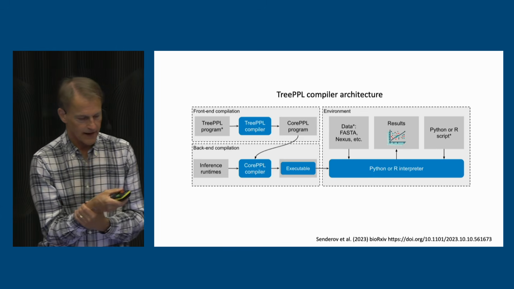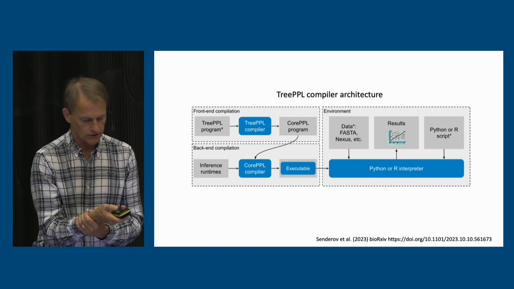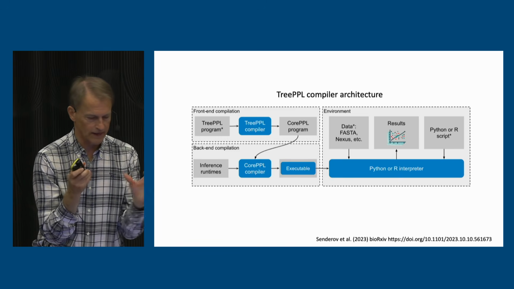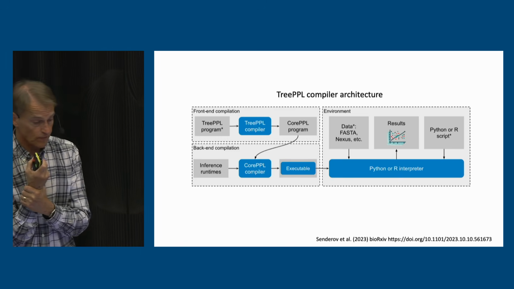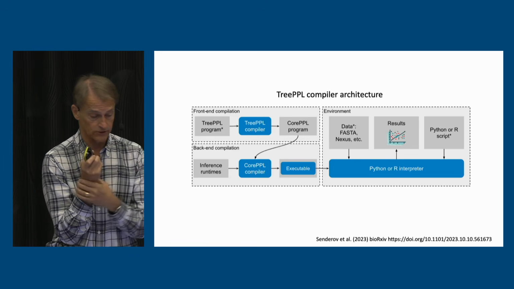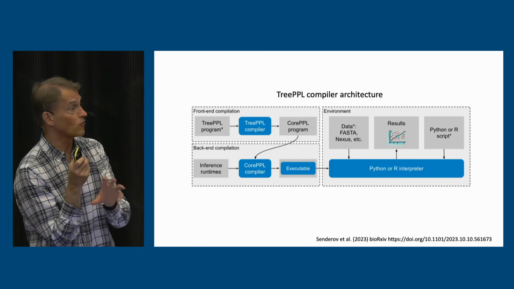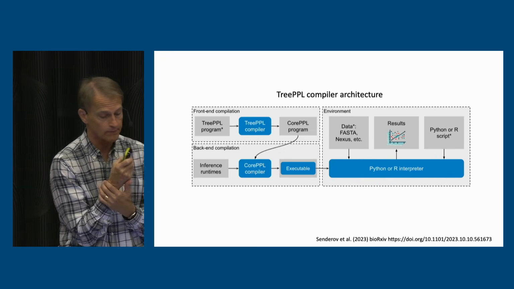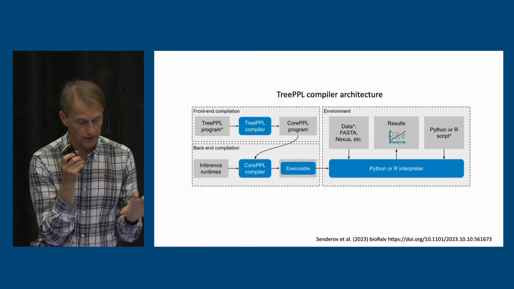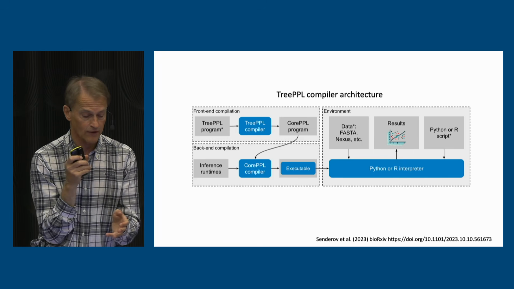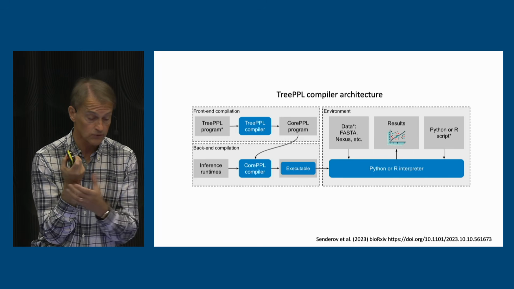The compilation happens in two layers: a front-end compilation where the Tree People program gets converted to an intermediate representation, a core people program.